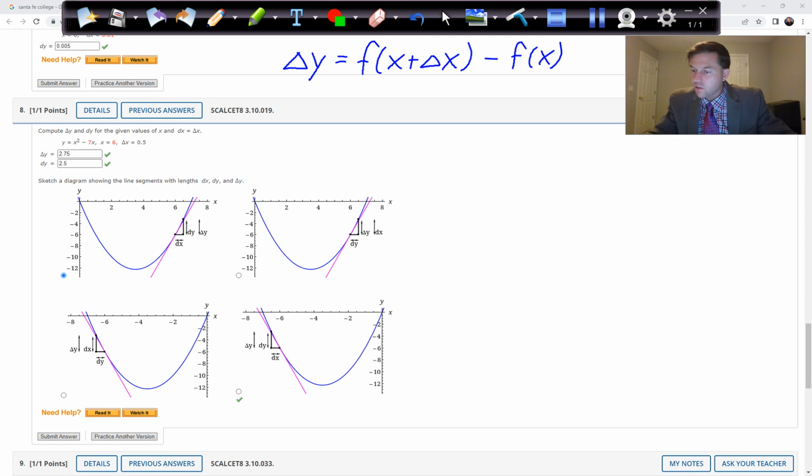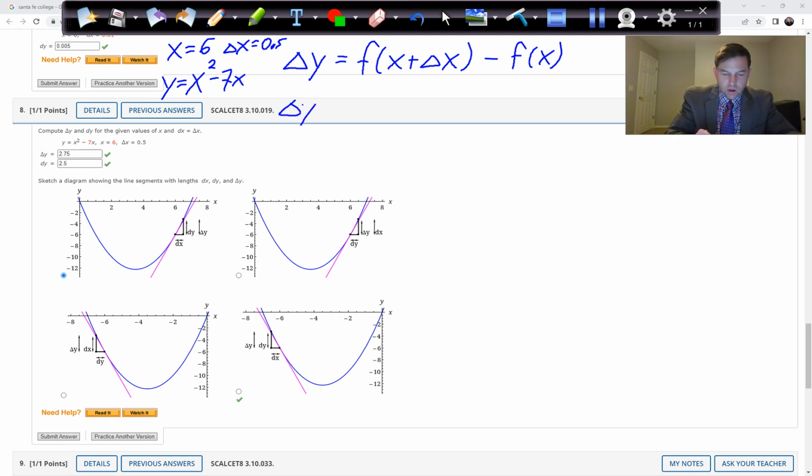They give us our function: y is equal to x squared minus 7x. And they tell us to calculate this when x is 6 and the change in x, the small increase to x, is 0.5.